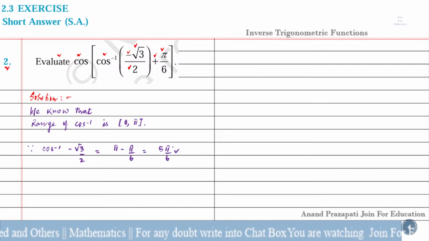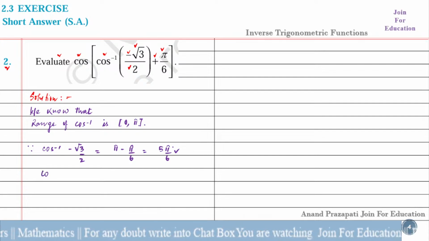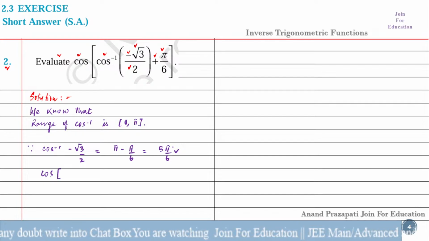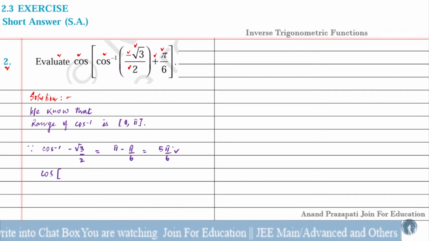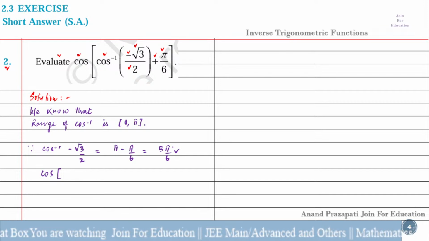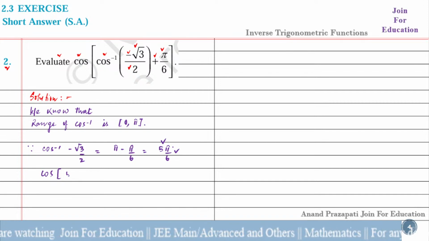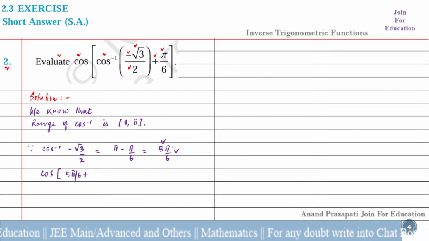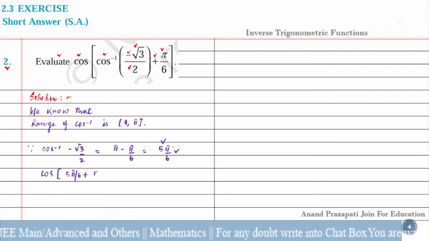Therefore, the form of the question will be cos, and the value of cos inverse minus root 3 by 2 is 5 pi by 6. So we write 5 pi by 6 plus pi by 6.